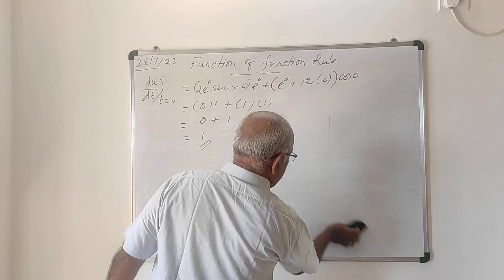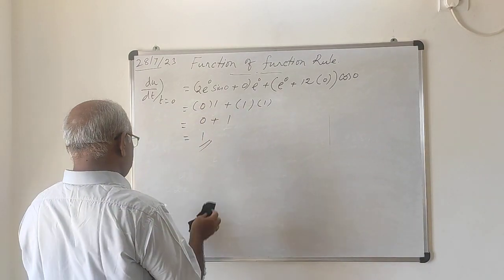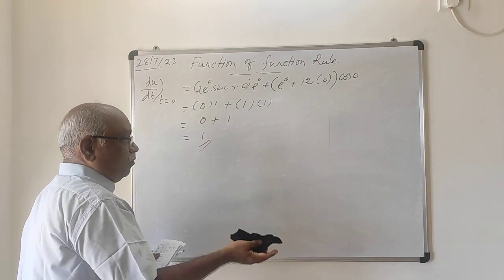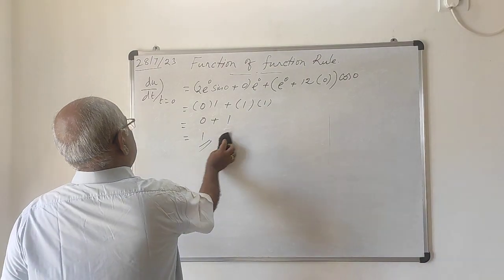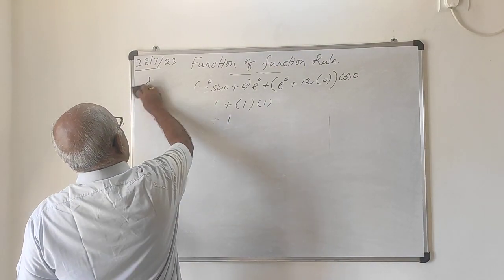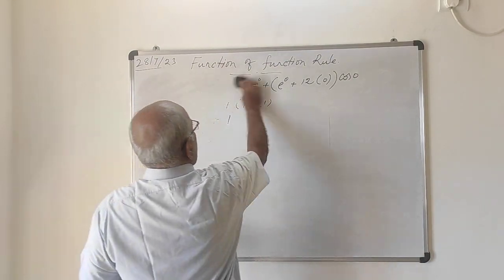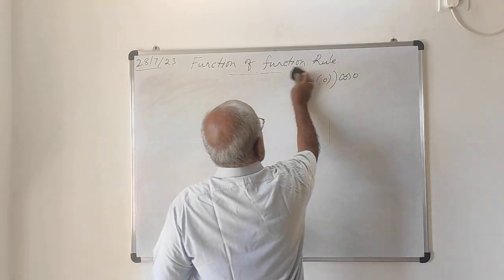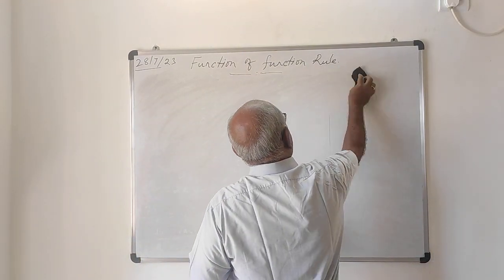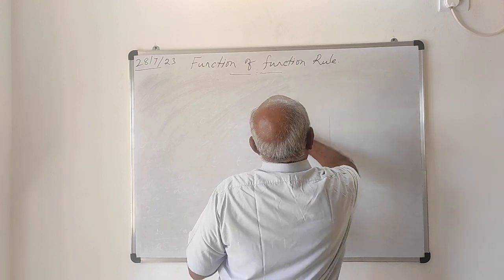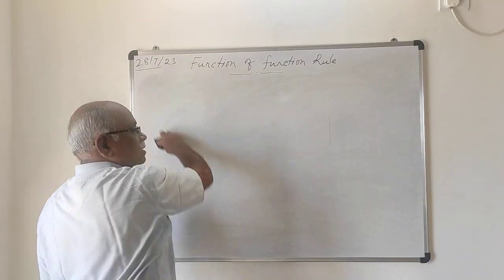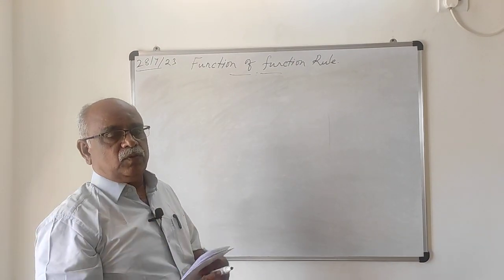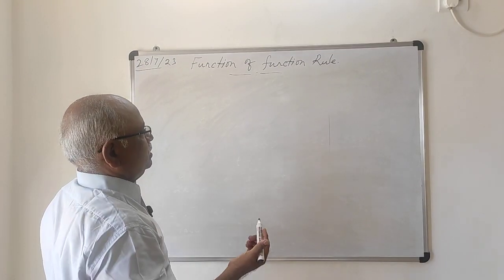In the same way, suppose u is a function of x and y, and x and y are functions of 2 or more variables. In this case, what is the method of finding the partial derivative? So far we have seen x and y are functions of a single variable t. U is a function of x, y and x and y are functions of t only.